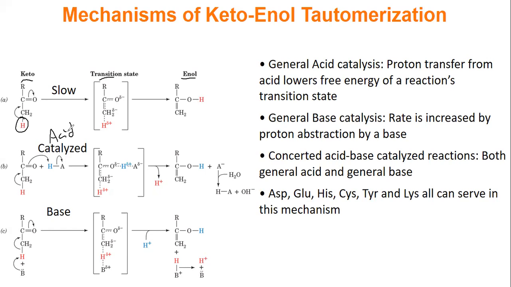What an acid catalyst will do to a keto-enol isomerization is that it will give an acidic proton to our carbonyl group here, which will help to stabilize our transition state. So if you see here, the transition states are basically the same. The only difference is that we have a catalyst that helps stabilize the transition state. And that's what catalysts do.